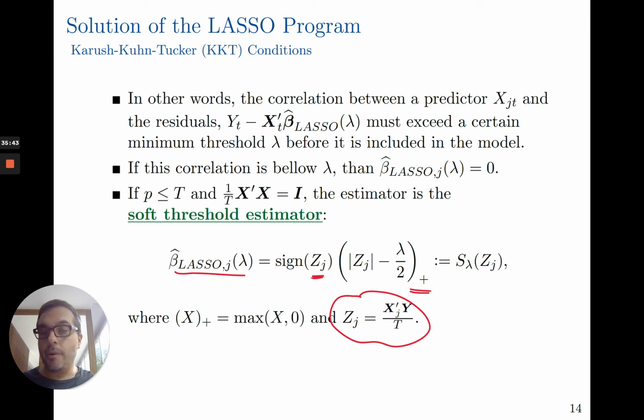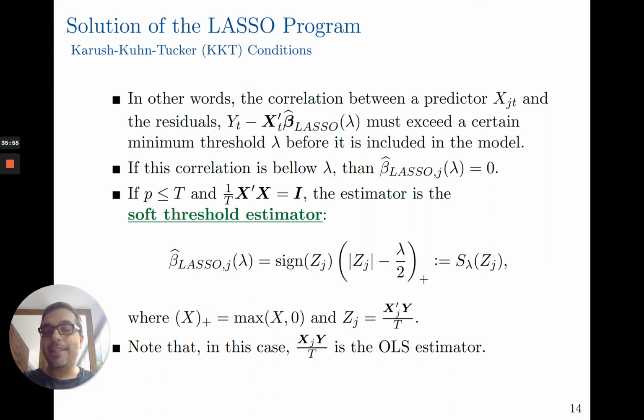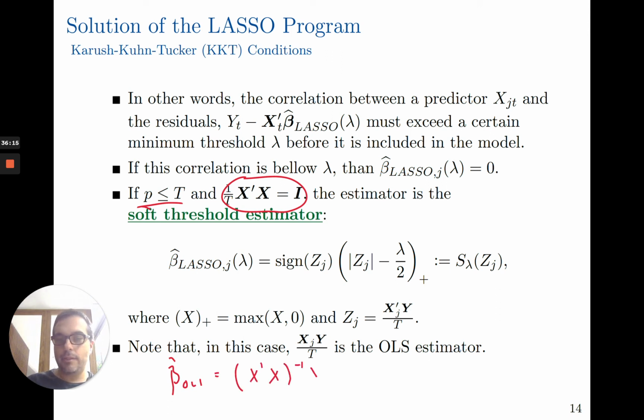And now we're going to show why the confusion arises, because x prime y over t is exactly the OLS estimator whenever this is true. Remember that we are looking at p less than t, so recall the OLS estimator: X prime x inverse times x prime y. Dividing the inside of the inverse by t is equivalent to dividing here by t.